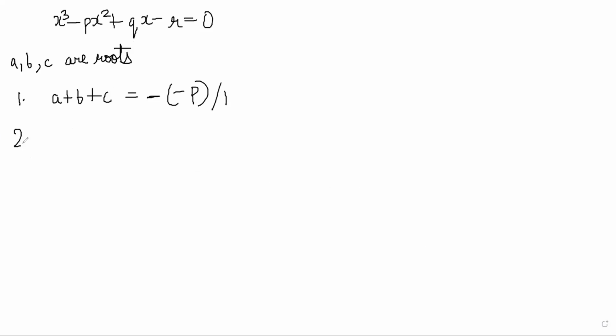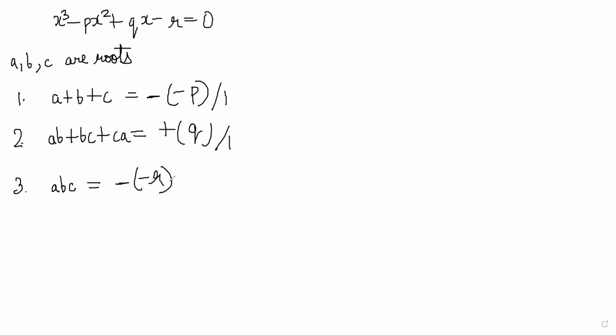Then ab plus bc plus ca will be equal to positive q over 1, and third is abc, which is equal to minus of minus r over 1. So this is r, this is q, this is p, right?